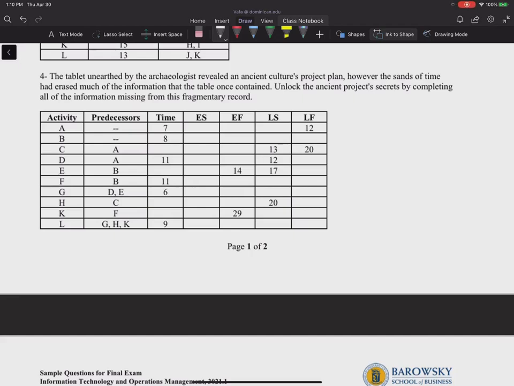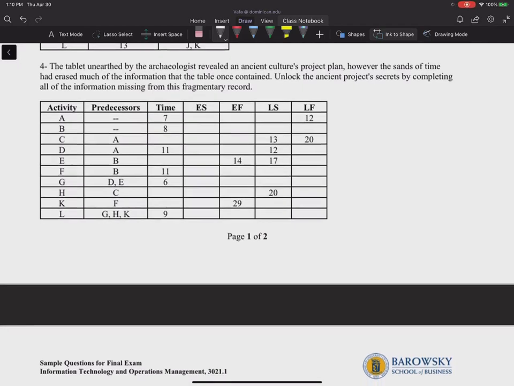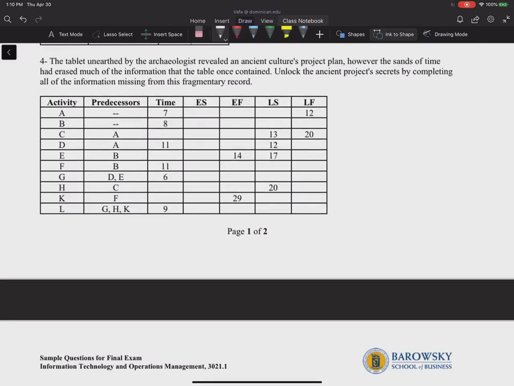Okay, now let's take a look at question number 4. This is a rather interesting question, a little different from the questions that you have seen before. And it is a very good idea to solve these kinds of questions. They will make you more proficient in solving all types of network diagram questions.